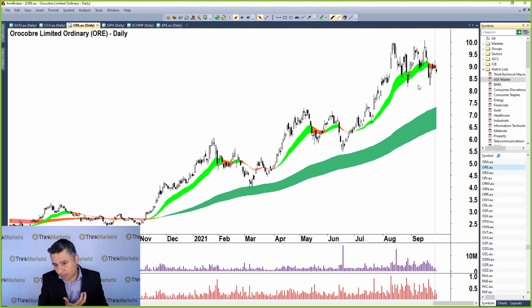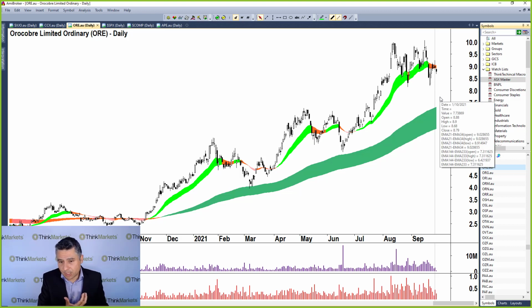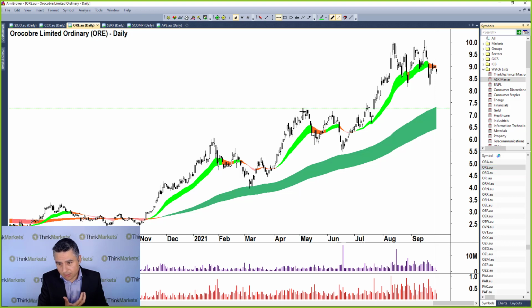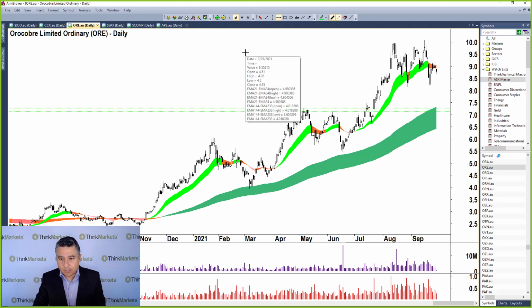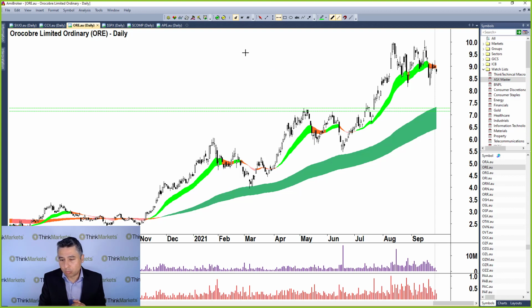And despite the fact that we are seeing lots of buying on the dip, maybe the dip is going to get a little bit more severe and probably into these static levels around 7 to 750, which coincidentally, and maybe not coincidentally, also coincides with that long-term trend zones. So maybe more of a pullback on Orecobre instead of the great performance it's had up to this point this year.